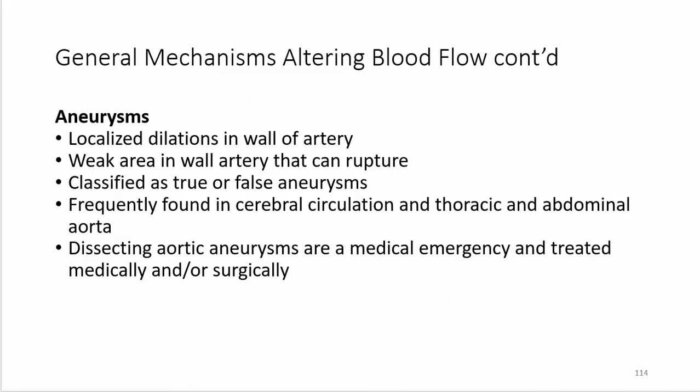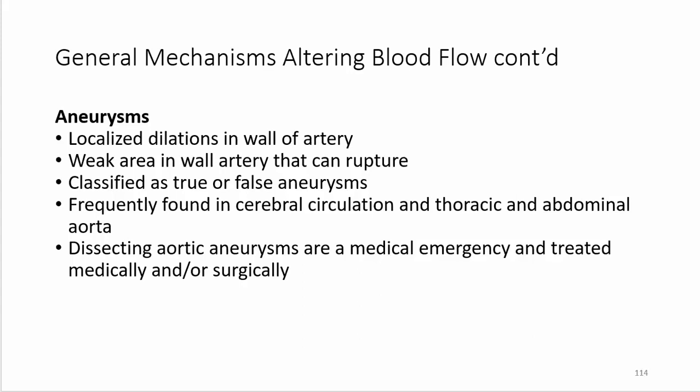So the aneurysms are these local dilations in the arterial wall, and arteries are high pressure vessels, and they need to contain the pressure. And when the wall weakens, the area can rupture. Most of them are true aneurysms, where the entire wall gets dilated.